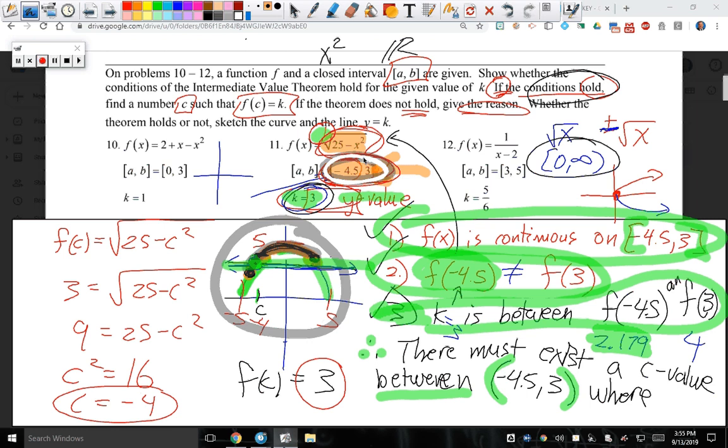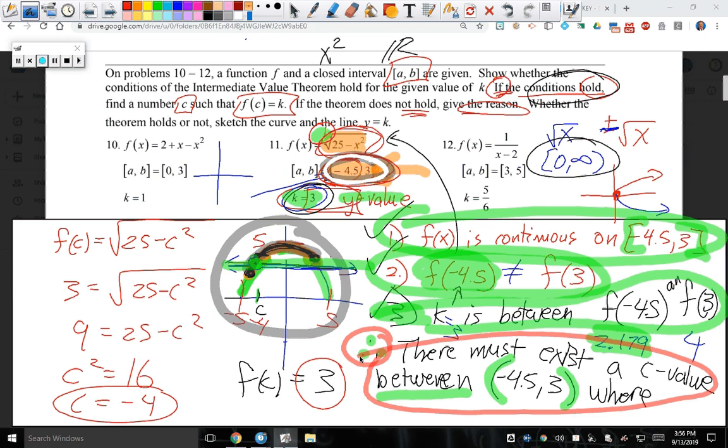So if one of these does not hold, then you cannot guarantee all of this, so you don't have to do the other? No. Once it doesn't hold, you could say the theorem does not hold, therefore it does not guarantee, or there does not have to exist, however you want to word it.